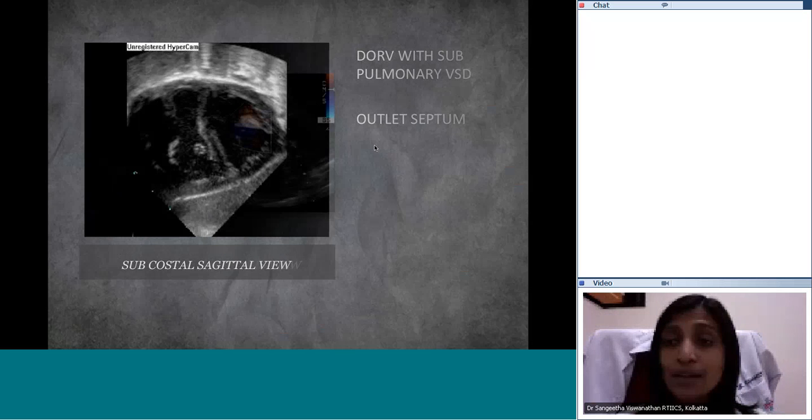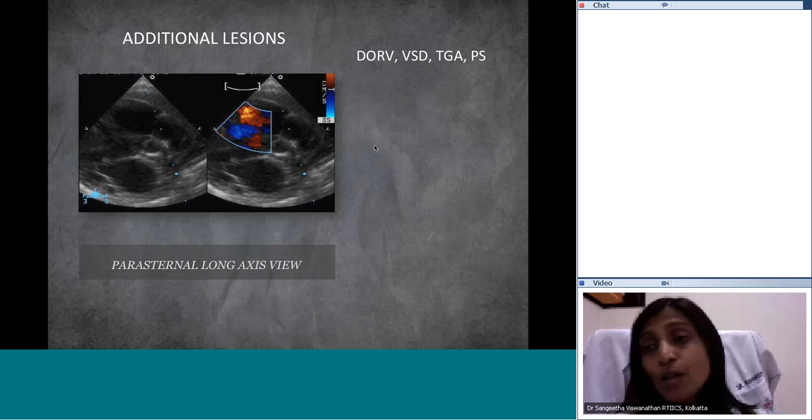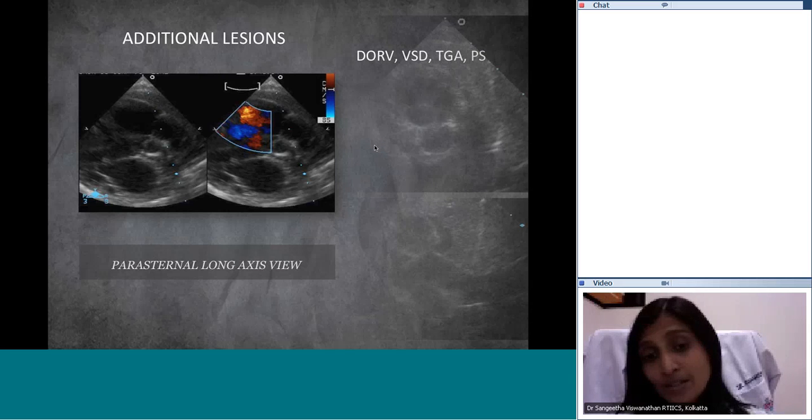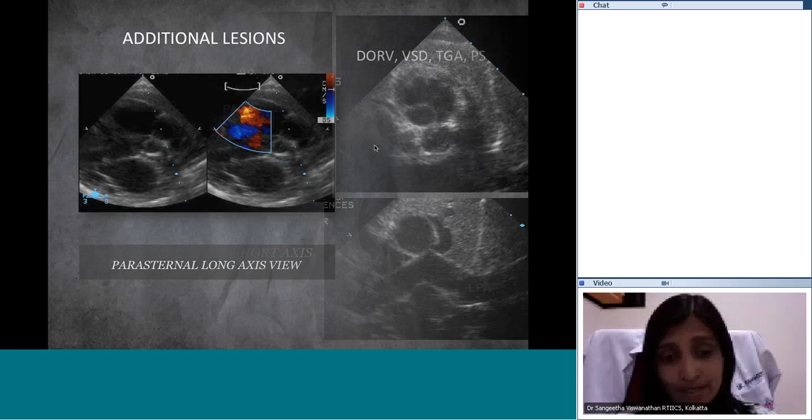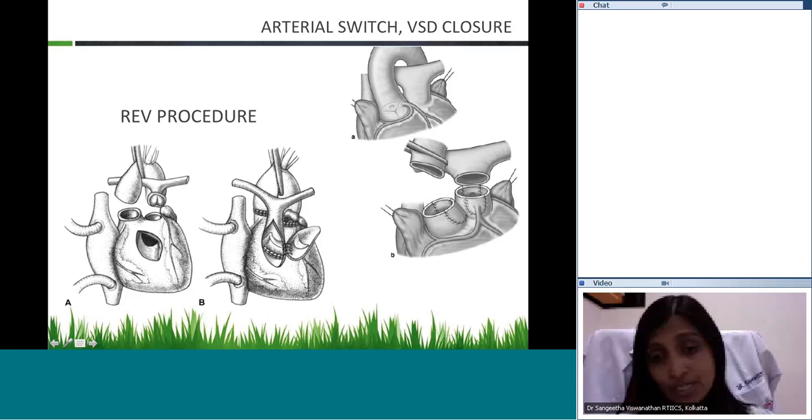But the REV could be an alternative where you directly connect the PA into the RV anterior surface, as you see in this illustration. So these are the various surgical possibilities for these patients who behave like transposition, where the VSD is subpulmonary, either with or without pulmonary stenosis.